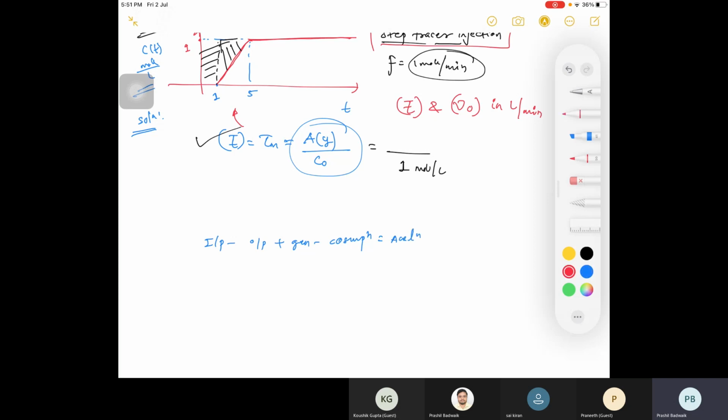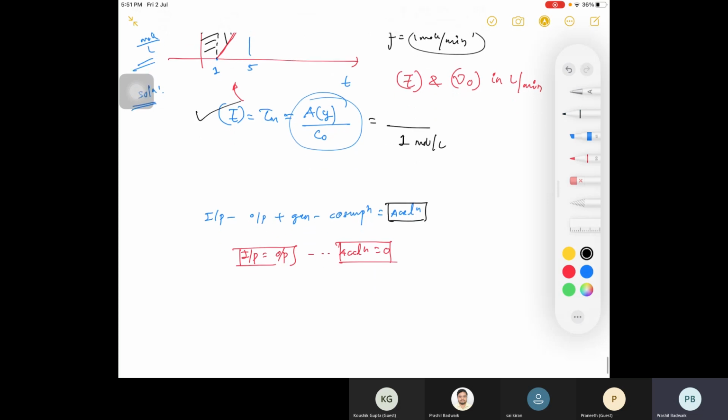When I told you the definition of steady state, your input is equal to your output, so there is no accumulation. Accumulation is equal to 0 in that case. So there are two ways to write this equation. First is in the form of accumulation.